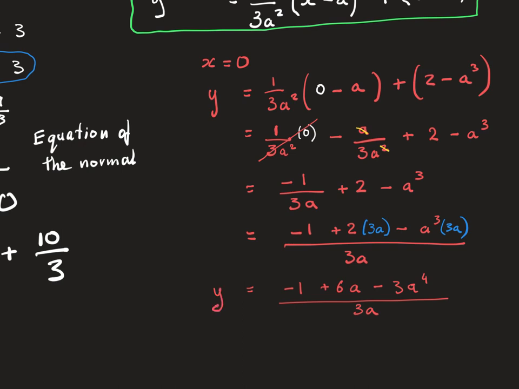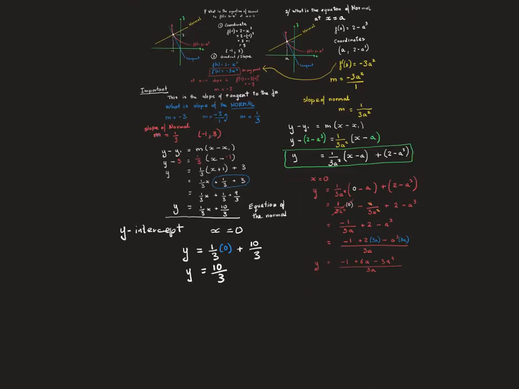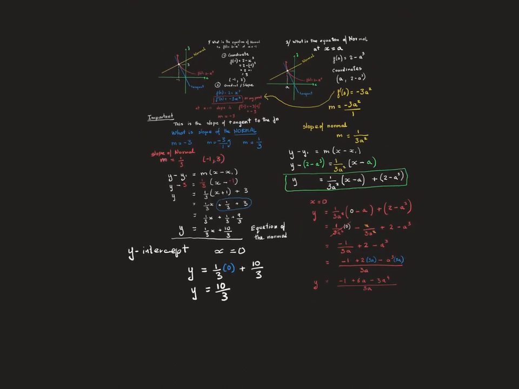So when x is equal to 0, this is where it intercepts. So we really looked at 2 parts here. One is the equation of the normal at a particular point, x is equal to minus 1. And in the second part, we looked at what the equation of the normal is at x is equal to a, just an abstract point.